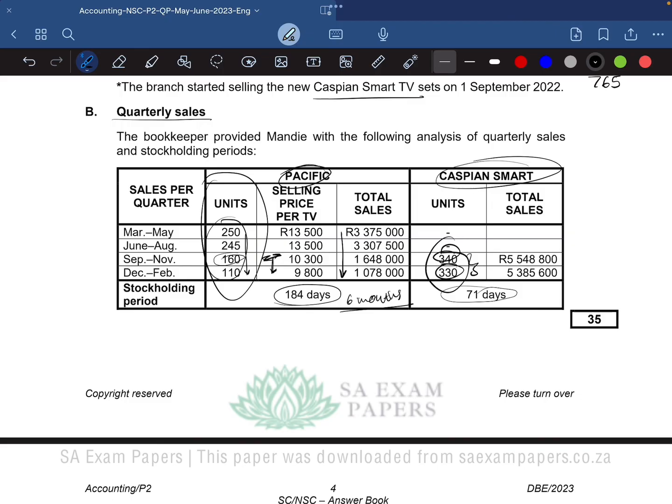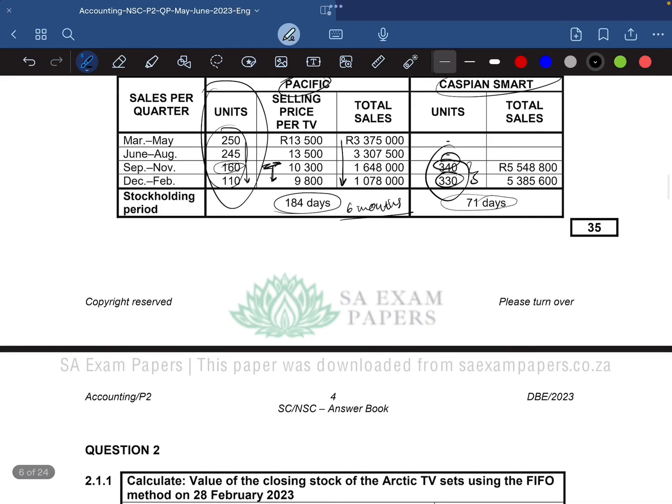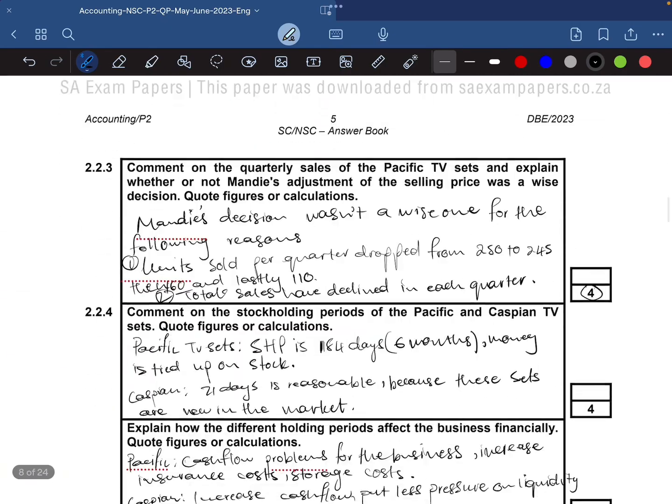That really shows where your customers are based, and what they prefer, so you could also add that you have decreased prices but the units are still decreasing. You could also mention your gross profit, because sales and gross profit go hand in hand. Okay, and that's just about that question.